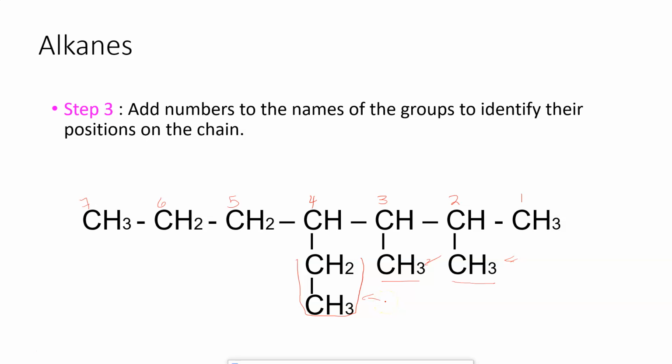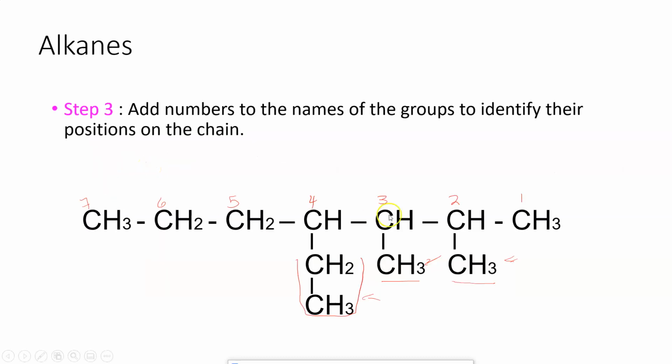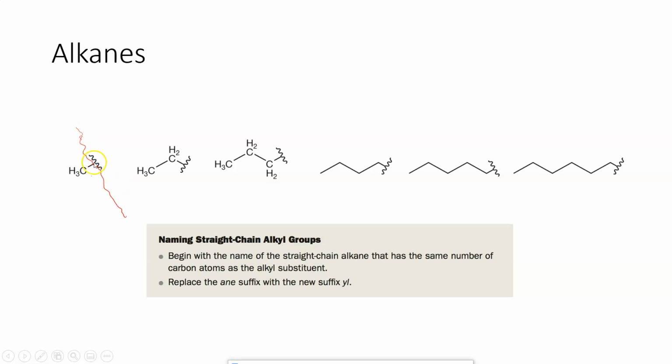How am I going to name these groups? So let's see this table. Let's say that my attached group is here, and this thing here represents the main chain. In my case, it is this chain here, okay?